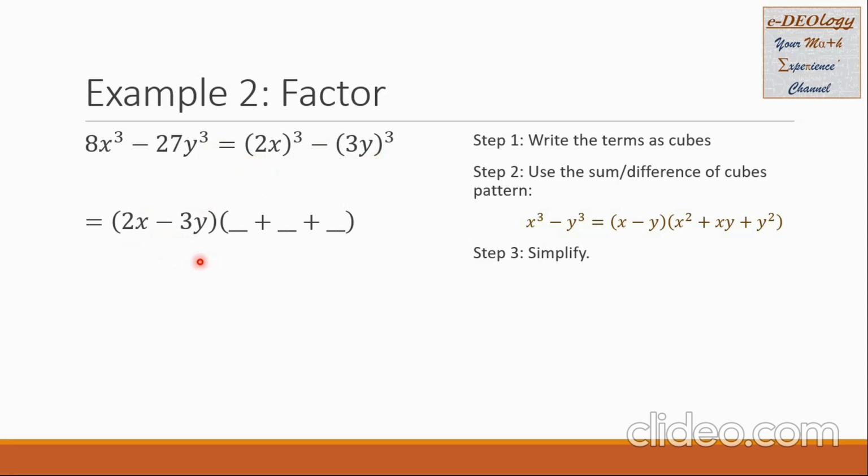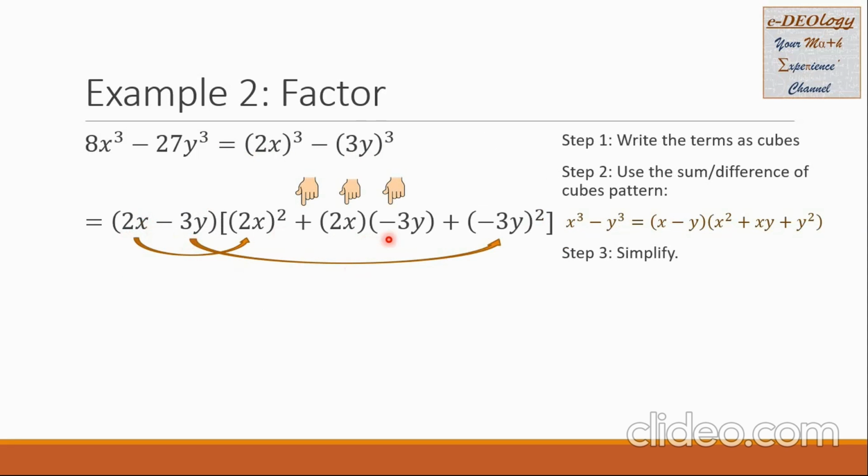So our binomial is 2x minus 3y. For the trinomial, the first blank is reserved for the square of 2x. The last term is reserved for the square of this negative 3y.